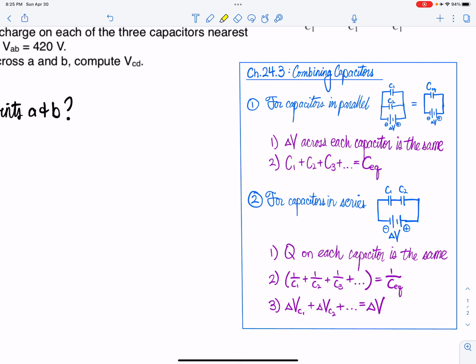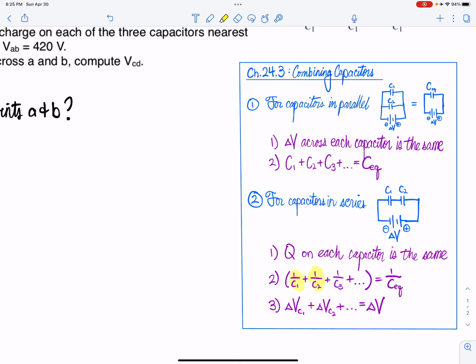For capacitors in series, the charge on each capacitor is going to be the same, so the charge on capacitor 1 is the same as the charge on capacitor 2. The inverse of the equivalent capacitance is 1 over C1 plus 1 over C2 plus 1 over C3, and so on.